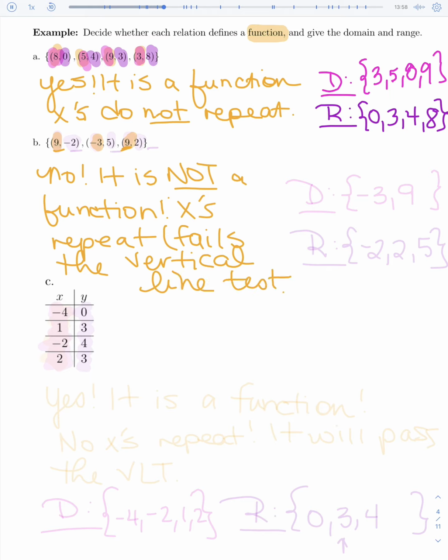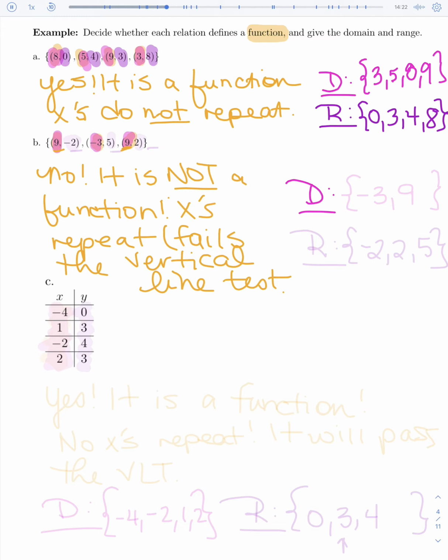That's for B. Now we can also find the domain still, though. So let's look at finding the domain. Again, our relation, we said it wasn't a function, is going to be looking at its x values, which is a 9, a -3, and a 9. And it's just those values.